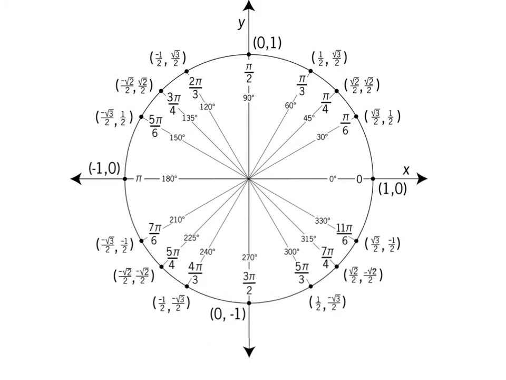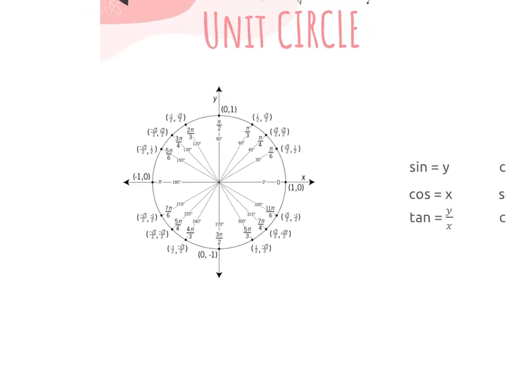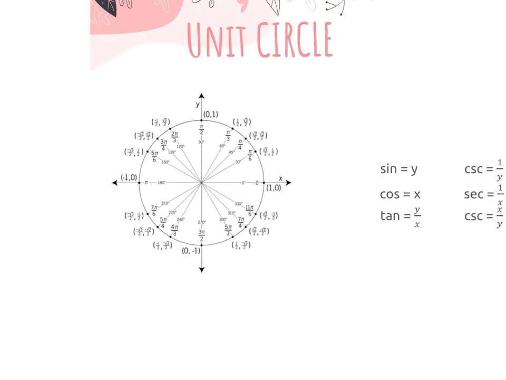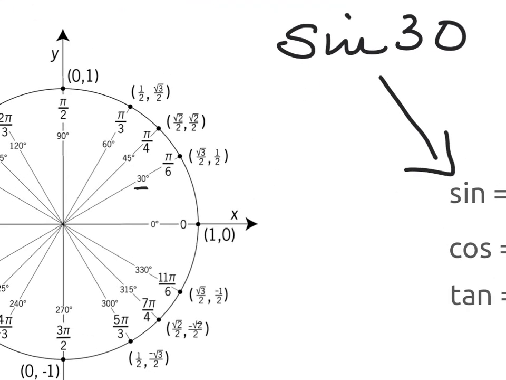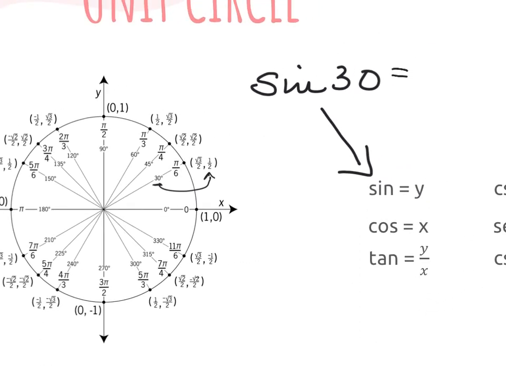And again, for example, if I said to find the sine, and this is what we're going to be doing tomorrow, sine of 30 degrees. If you look here, sine, no longer worry about r because r is 1. All you have to do is find 30 on your unit circle and look at the y of the ordered pair, and that's your answer.